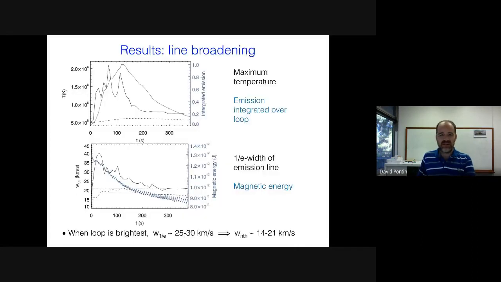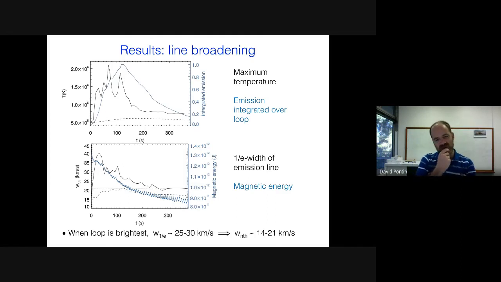So what do we see? The top plot here shows the peak temperature and the loop integrated emission, from which we basically see that the peak temperature rises and then falls, and the loop correspondingly brightens and then dims.